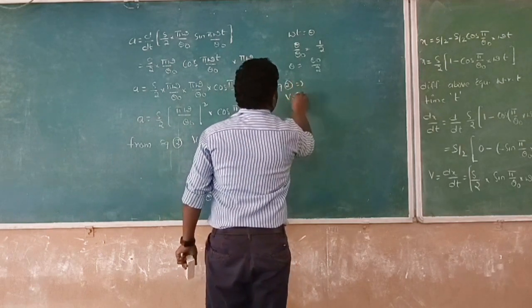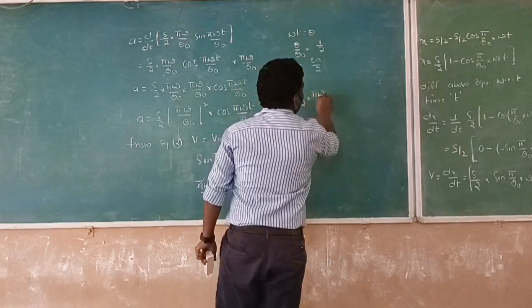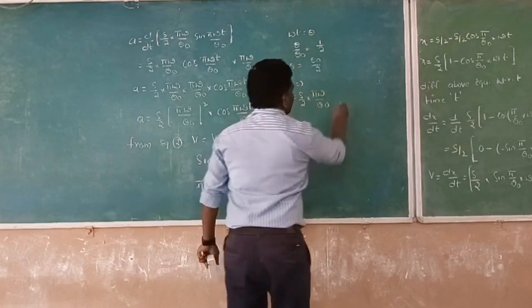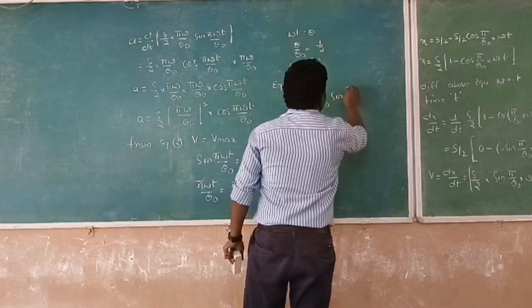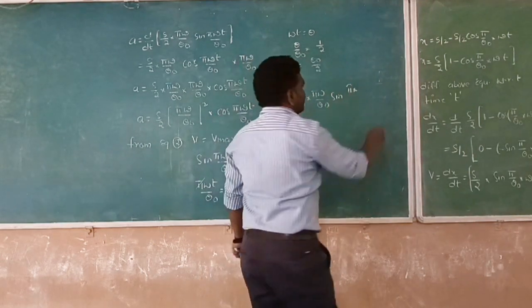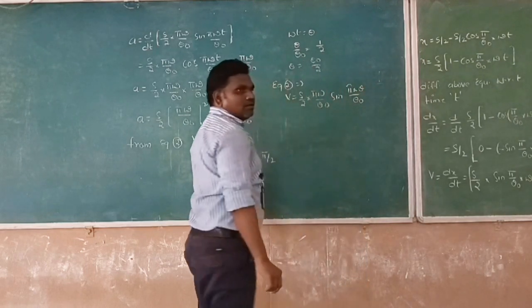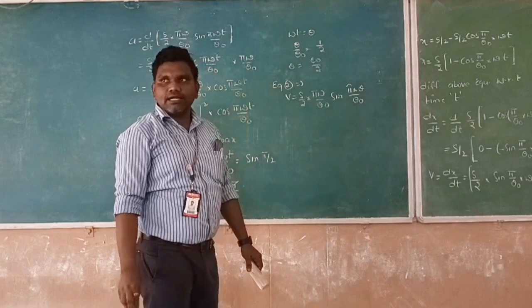So equation 2 implies that velocity v is equal to (s/2)(πω/θ₀) sin(πωt/θ₀), where we write ωt as θ. We determine the θ value.